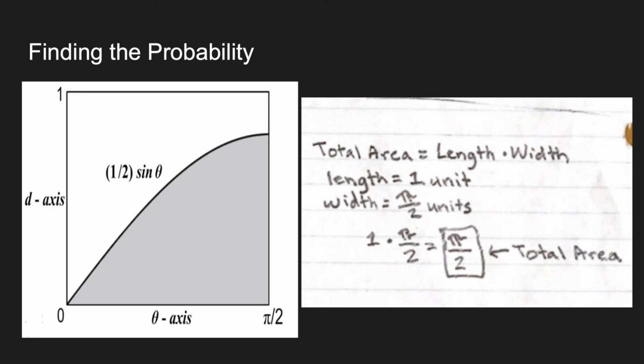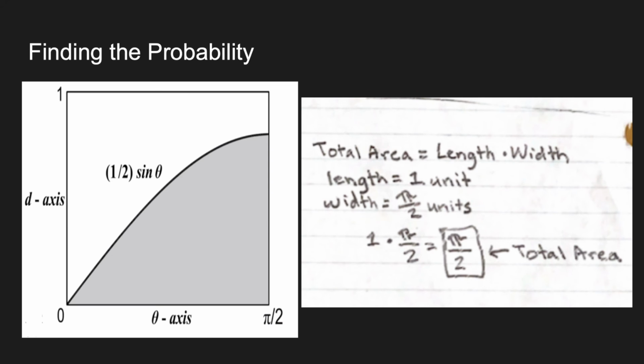So now we'll be finding the area of the graph by multiplying the length and width of the graph that fits the restrictions together. As you can see on this screen, the total area of a rectangle equals length times width. The length of the graph is the distance axis, which is 1.